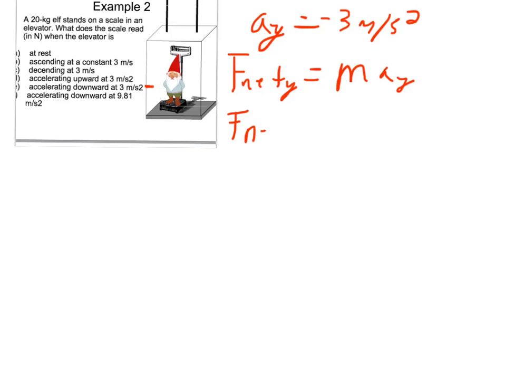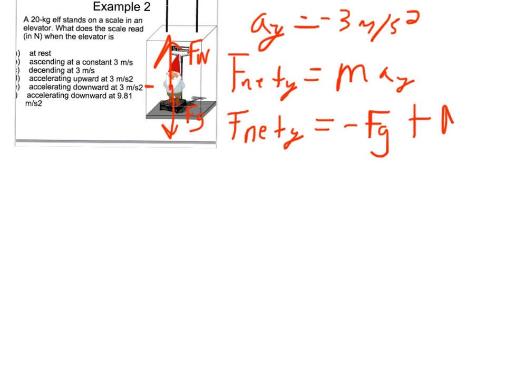My net forces in y, oh, it looks like my free body diagram went away. He has gravity pulling him down, normal force keeping him up. Remember, I made the argument 2 slides ago about why there are no x forces. So he has negative weight, positive normal force because of the way they're pointing.